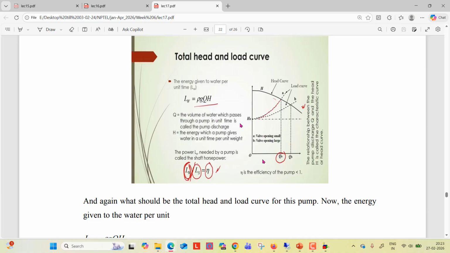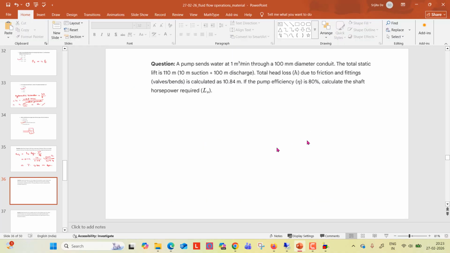LW equals rho g QH. So what is given in our case? In our case there are multiple losses. First one is the static loss. Then there comes the total head loss.